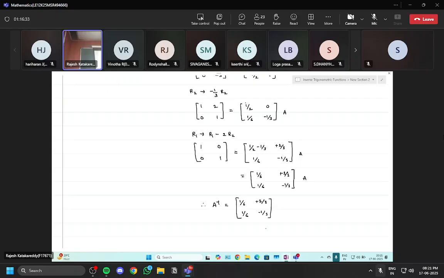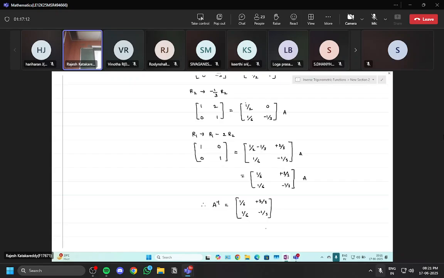Orthogonal matrix question. If this is A, A square will be cos 2 theta, minus sin 2 theta, sin 2 theta, cos 2 theta. You do A cube, you get 3 theta. A to the power 50 you will get 50 theta everywhere.